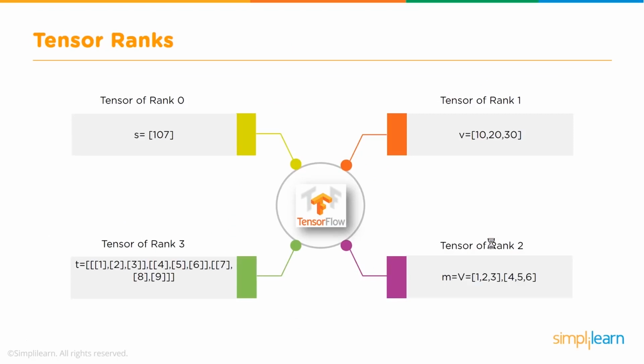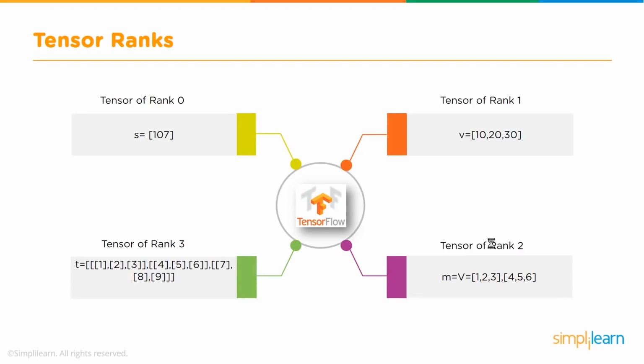So tensors have ranks, and the rank of a tensor is sort of like the dimensionality. For example, if it is a scalar, in other words, just one number, the rank is 0. It could be a one-dimensional vector, in which case the rank is 1.